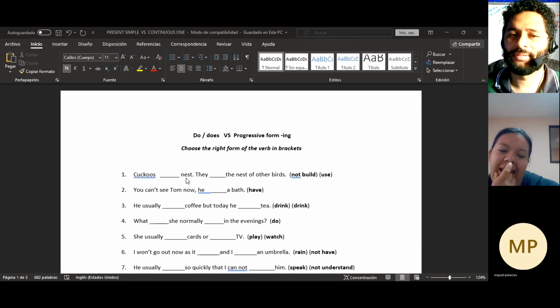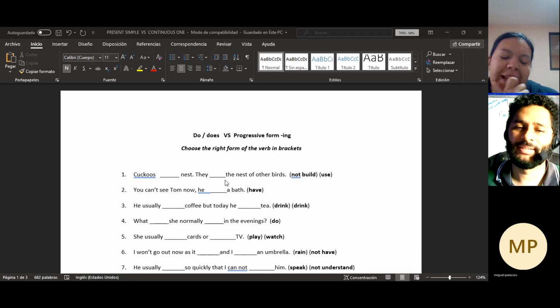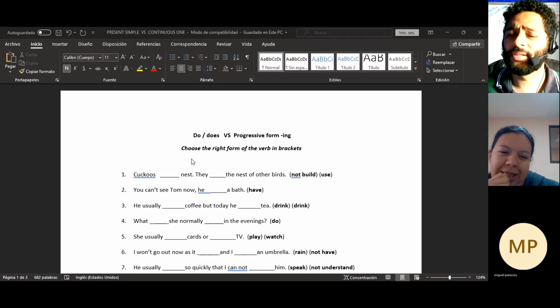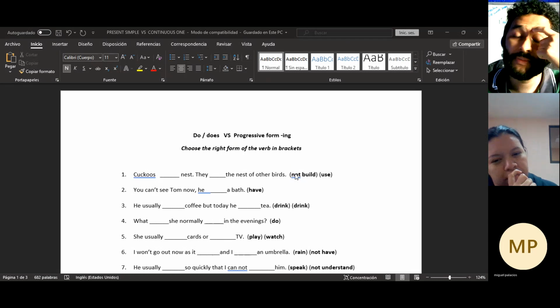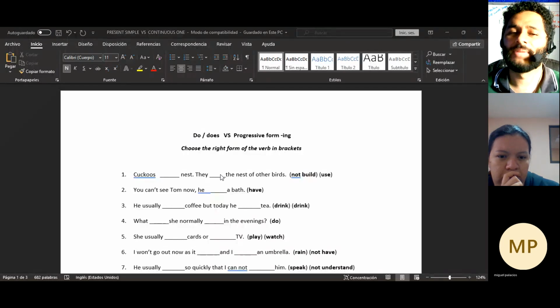Yes, it's where they put the eggs, where they live. Exactly. So what would you put here? You need to choose between do and does or don't and doesn't, or the -ing form and the auxiliary verbs am, is, and are. You have build for the first line and use for the second line. How would you complete this sentence using these two verbs?